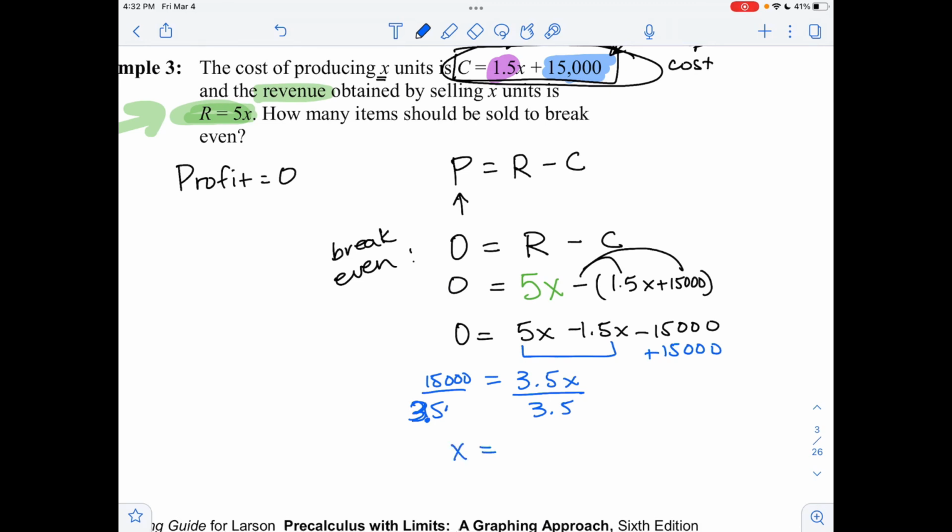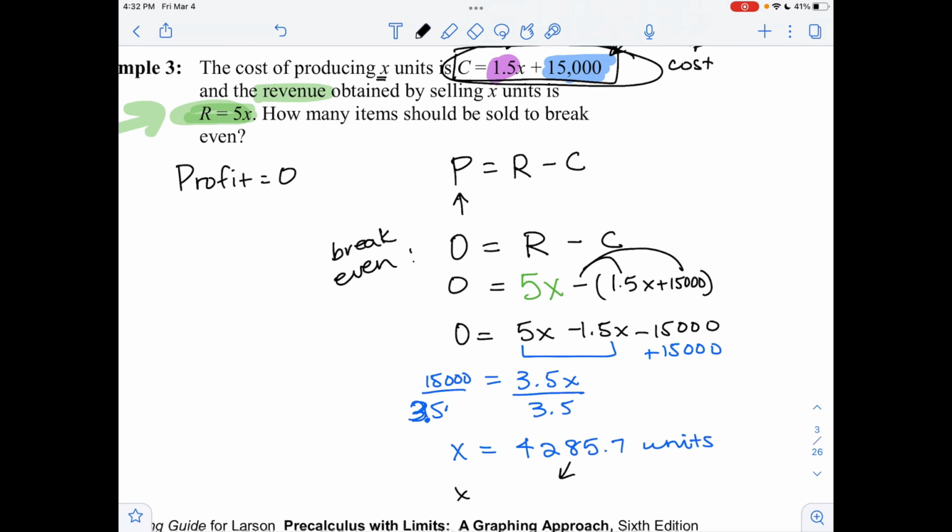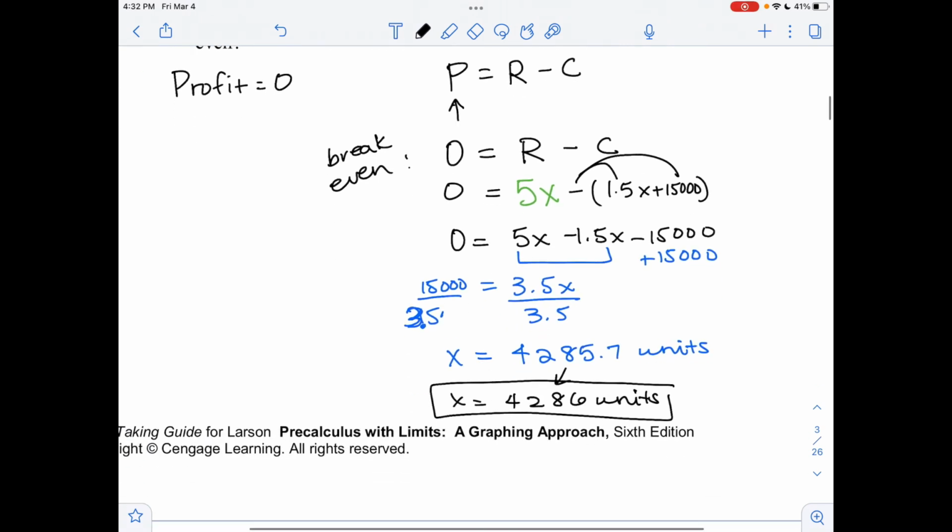And we've got x equals 4,285.7. So this is how many units we need to sell. But can I sell 0.7 units? So I'm going to round up. So we have to sell 4,286 units in order to actually break even. All right, see.